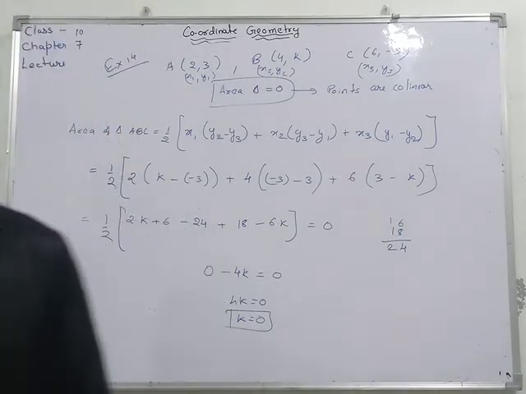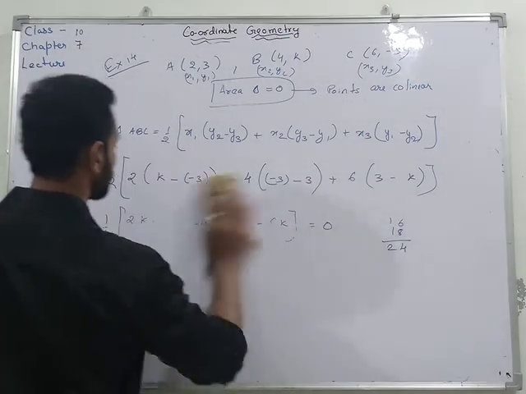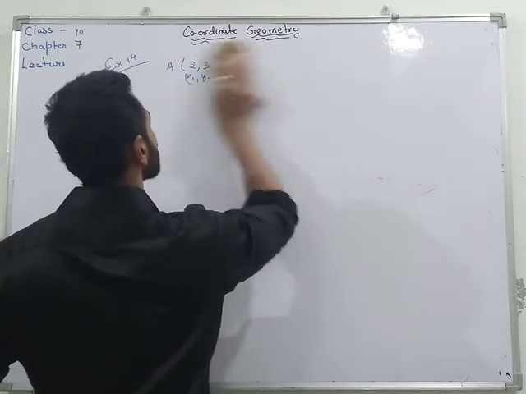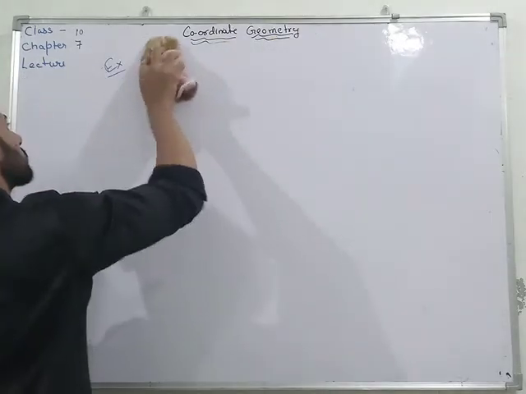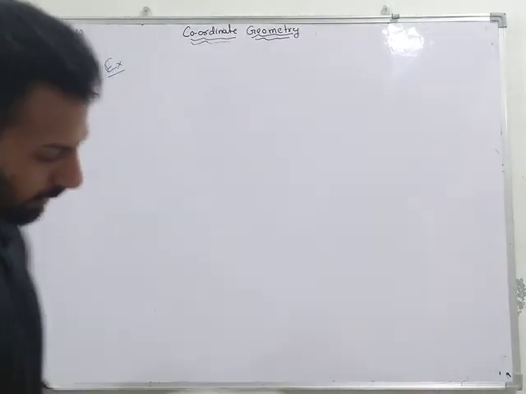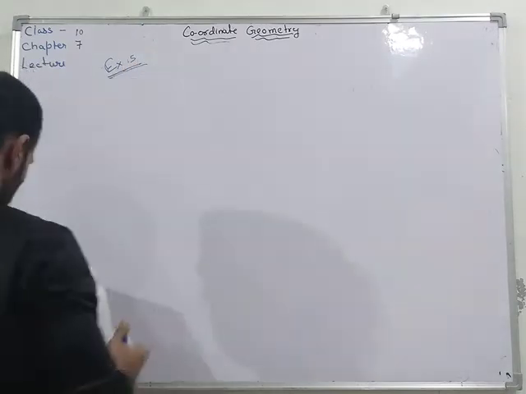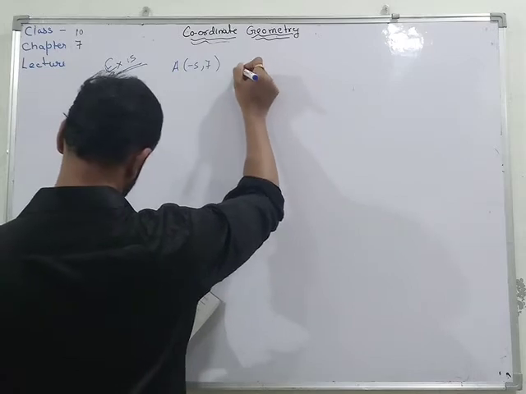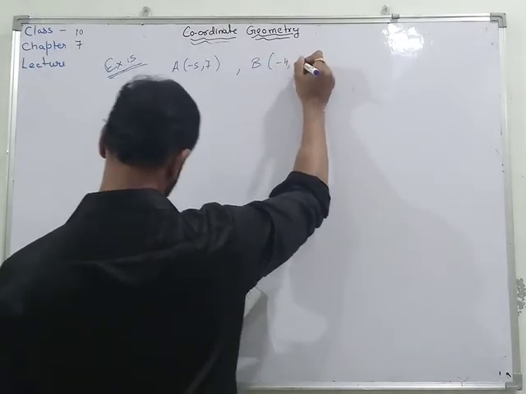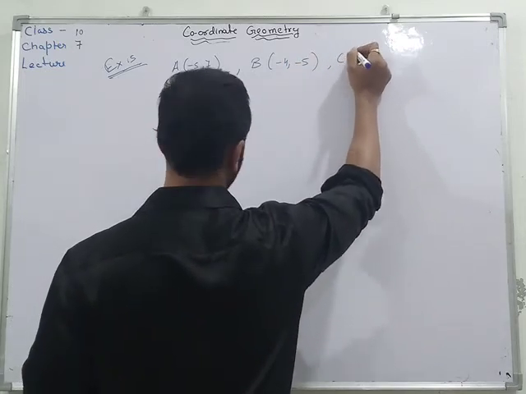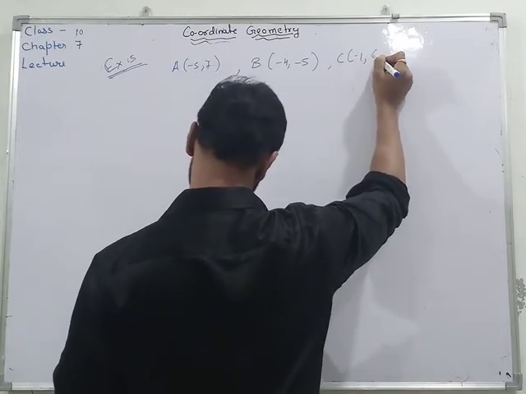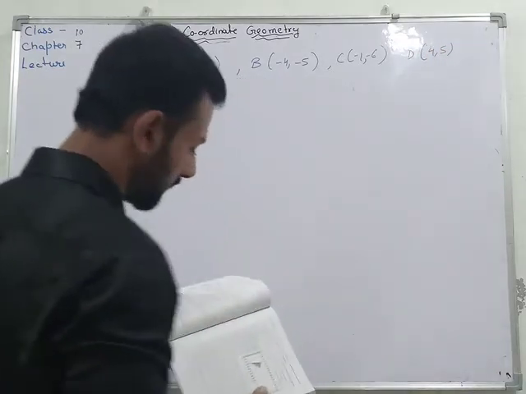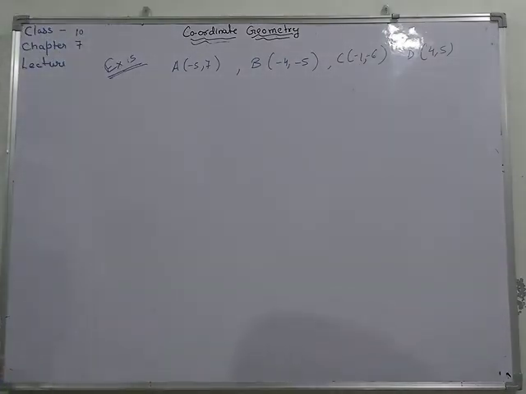Now solving example number 15. It says that if A (-5, 7), B (-4, -5), C (-1, 6) and D (4, 5) are the vertices of the quadrilateral, find the area of the quadrilateral ABCD.